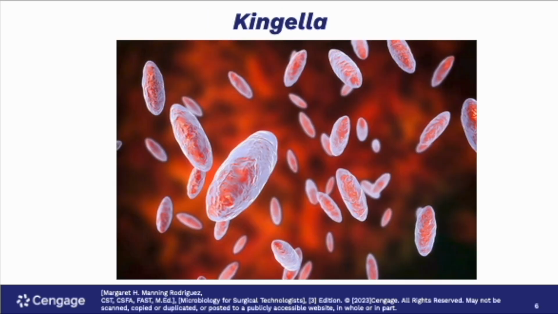Kingella. Now, this is a part of the beta class, and it includes species such as Kingella kingae, K. denitrificans, and K. oralis. These bacteria are gram-negative, they're short, they're also non-motile, and they look like cocci. All right, now, K. kingae is pathogenic and mainly affects children, living in the respiratory and the mouth areas.